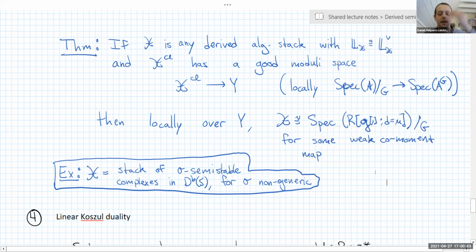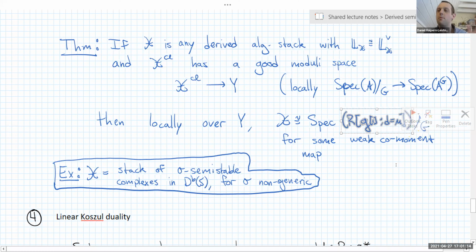There are various results along the lines of: locally, a variation of stability conditions on a K3 surface looks like a variation of stability for Nakajima quiver varieties. And this is a version of that. Instead of working formally locally over Y, I'm working Étale locally, but at the expense of having a local model that is a little bit floppier.